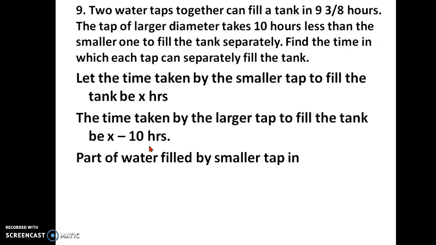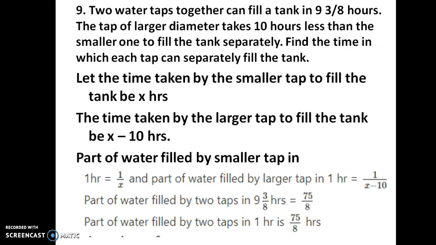Okay. Then part of water filled by the smaller tap in 1 hour. So how much part will it fill up in 1 hour? That is 1 by x part. So part filled by larger tap in 1 hour is 1 by x minus 10. Okay, so part of water filled by 2 taps is in 9 3/8 hours.